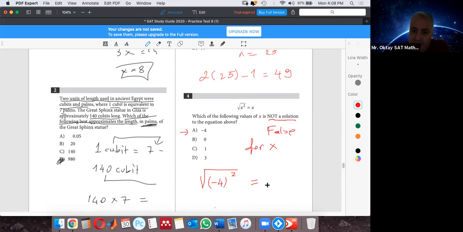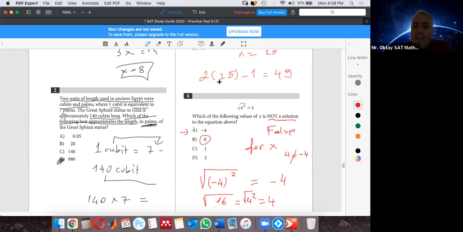Since x is -4, we know that -4 squared is 16, and the root of 16 is 4. So is 4 equal to negative 4? What do you think? Of course not. So this is not a solution.